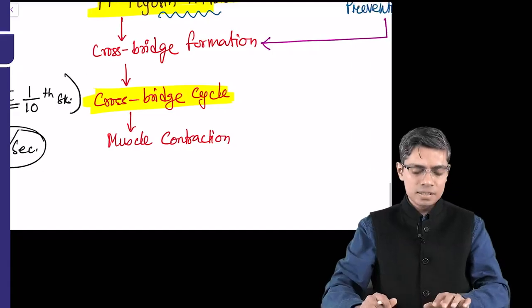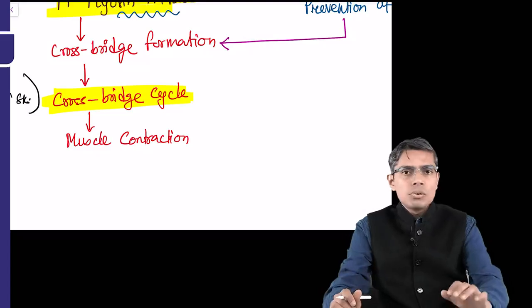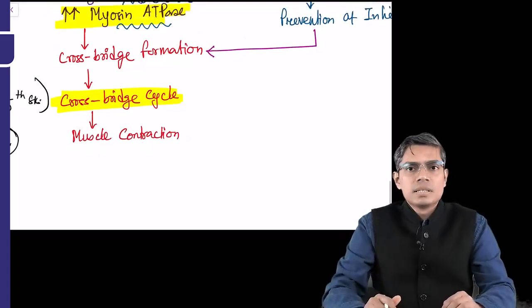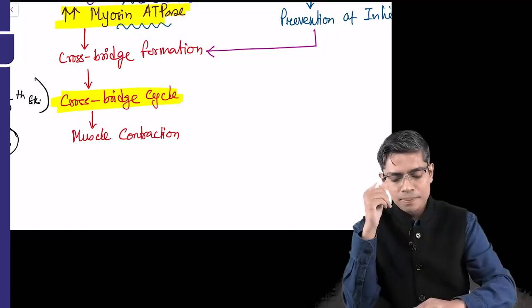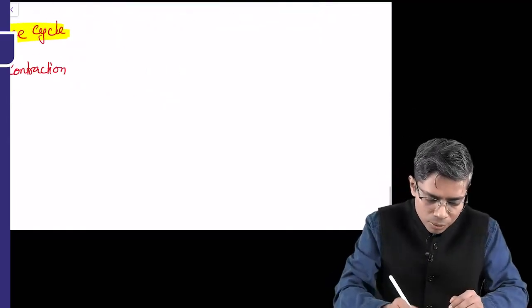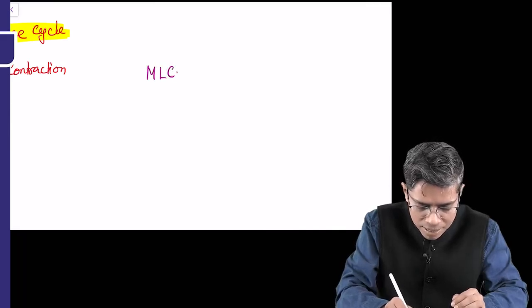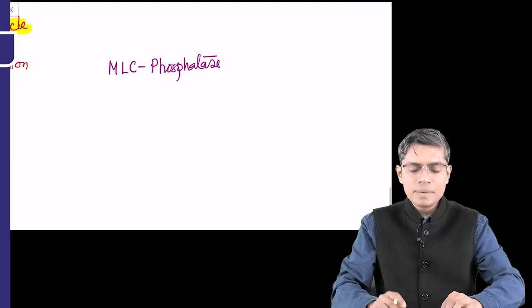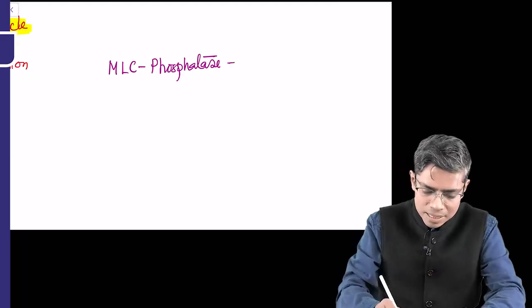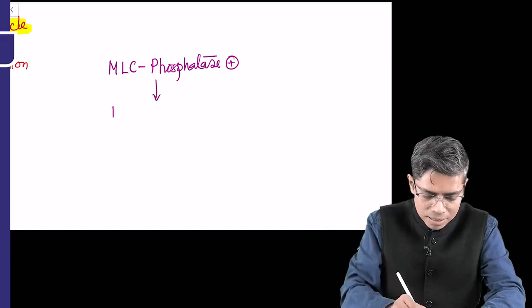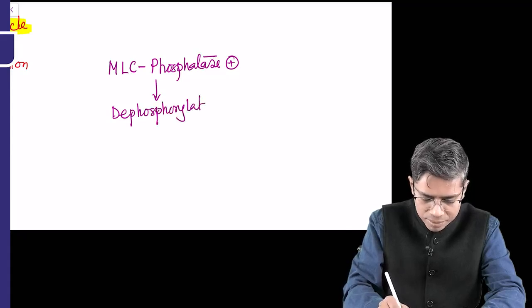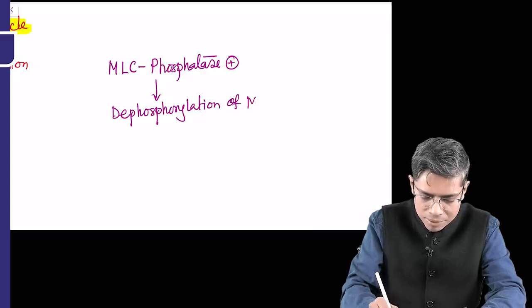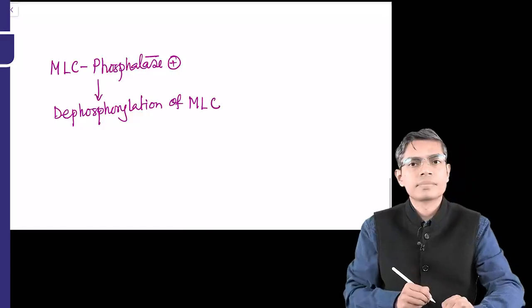So now whenever muscle contraction is going on, how to cause relaxation of this smooth muscle? Means now you have to cause a relaxation of the smooth muscle. You know that there is another enzyme which is known as MLC, myosin light chain phosphatase, right? So whenever this myosin light chain phosphatase enzyme is activated, it will cause dephosphorylation of myosin light chain, right?